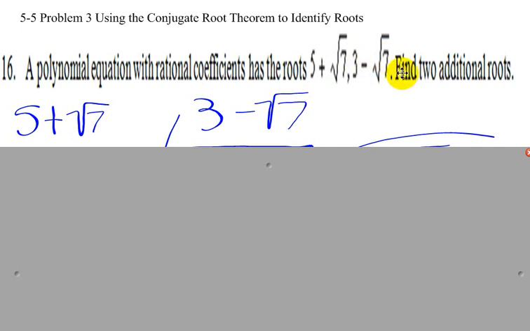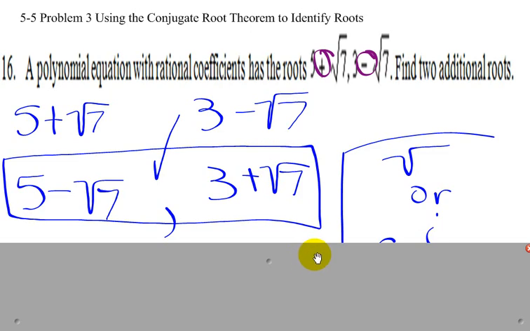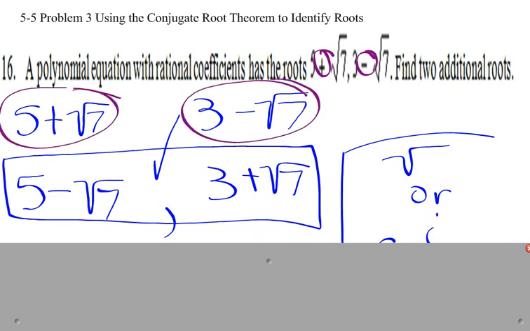On 16, it says a polynomial equation with rational coefficients has the roots 5 plus radical 7 and 3 minus radical 7. Find two additional roots. Well, this is the one where you just flip the sign in front of the radical or the imaginary number. So it's going to be 5 minus radical 7 and 3 plus radical 7. There they are. So I just rewrote the original terms, and all you do is flip that sign and that sign.